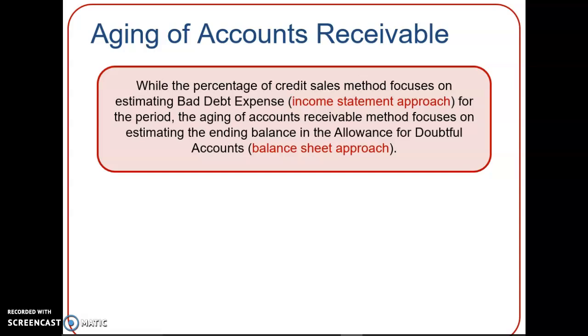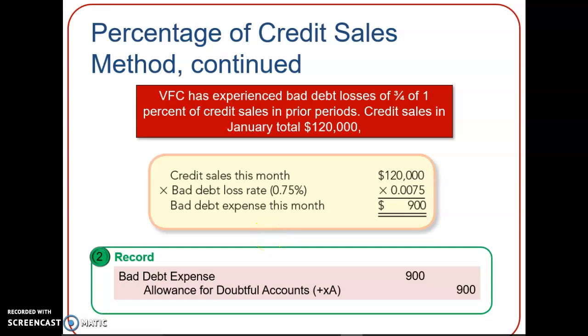Those 2 accounts, we do not adjust or affect the income statement. And then we look at the percentage of credit sales method, which is based on the income statement, based on the credit sales of this month, and based on estimated bad debt loss rate.